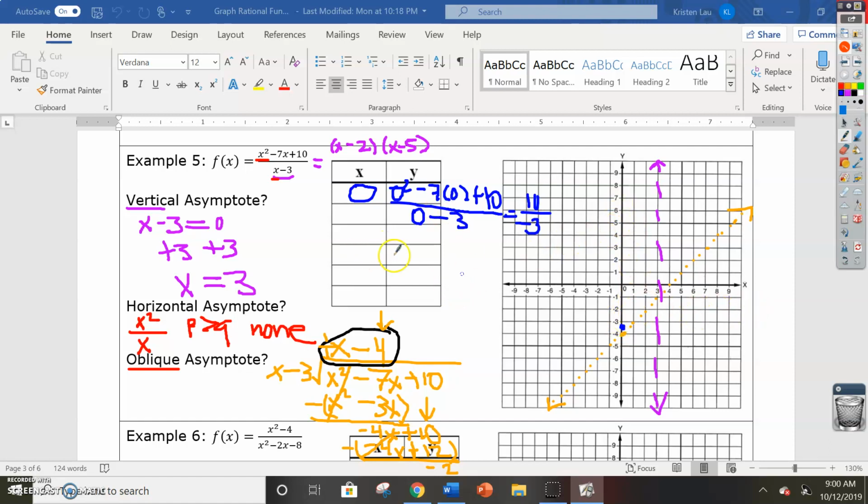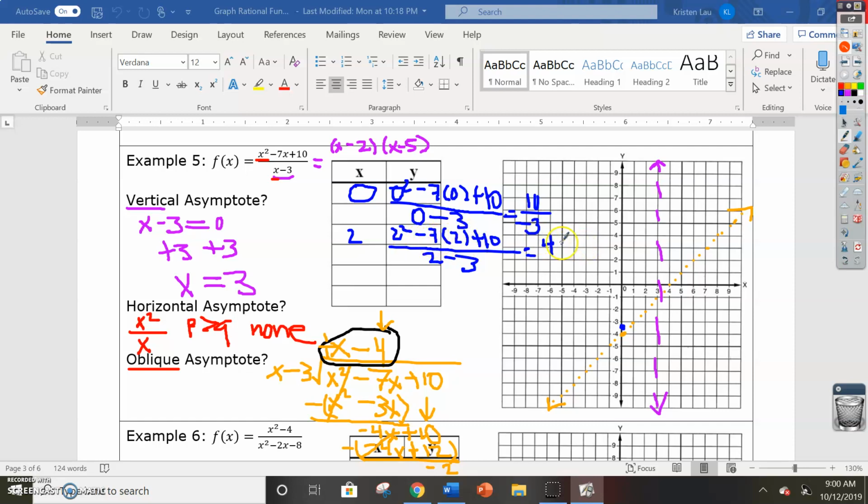So now I'm going to pick another point to the left of the purple line, and I'm just going to pick a positive 2. So I'm going to plug in 2 for all my x's, so I have 2 squared minus 7 times 2 plus 10 all over 2 minus 3. So 2 squared is 4.